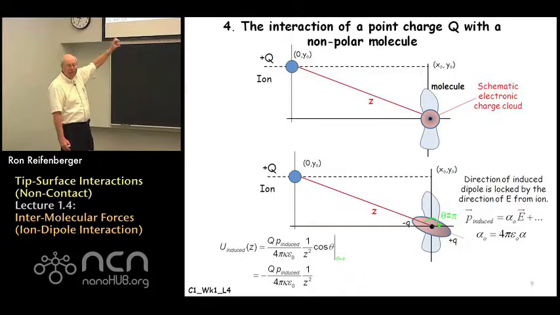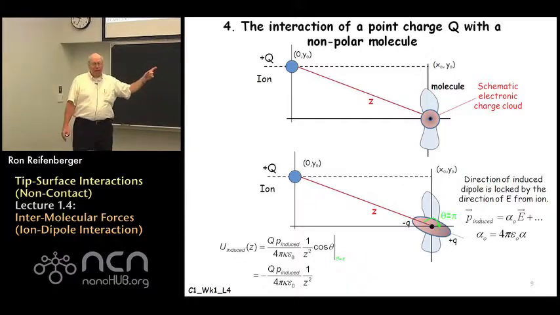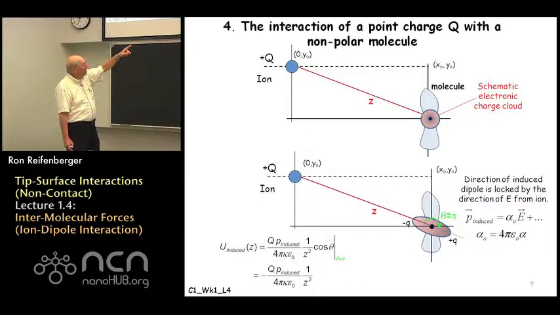And I've tried to indicate that schematically here by this orange-colored ellipse, which is oriented with its charges in such a way to interact with the lowest possible energy with the electric field produced by the ion capital Q. The dipole moment that's going to be induced in that nonpolar molecule is then the polarizability of that molecule, alpha 0, times the electric field E that's produced at the point of the molecule by the ion, right?